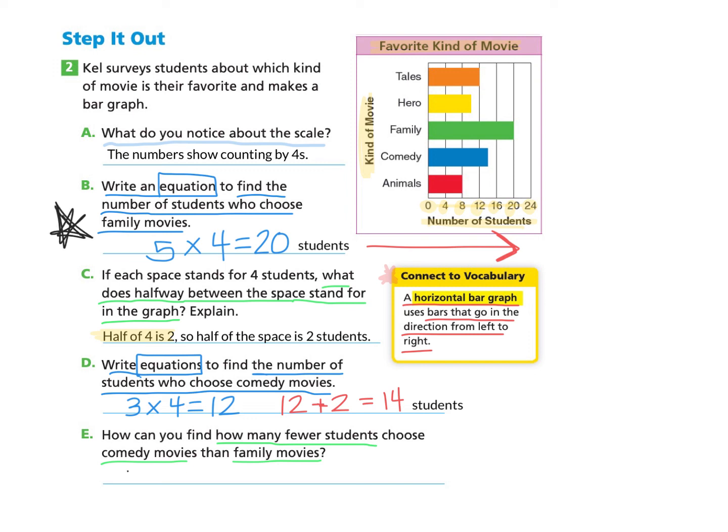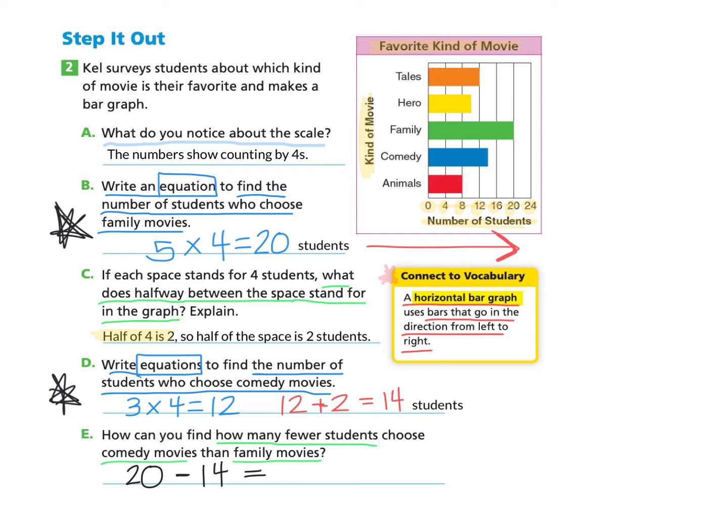We found that there were 20 students that liked family movies, and then there were 14 students that liked comedy movies. So we're going to take those comedy movies away from the family movies to find the difference.